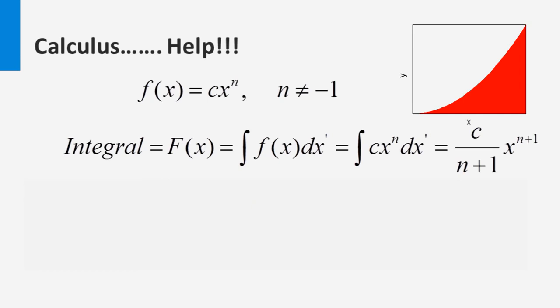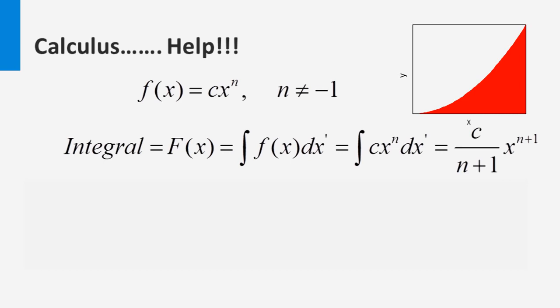Let's consider the general polynomial function c times x to the power n. n can have all values except minus 1. The integral of such a function is given by c divided by n plus 1 times x to the power n plus 1.